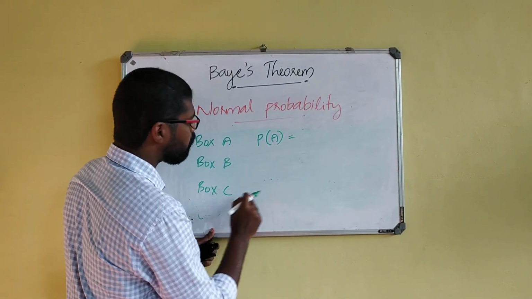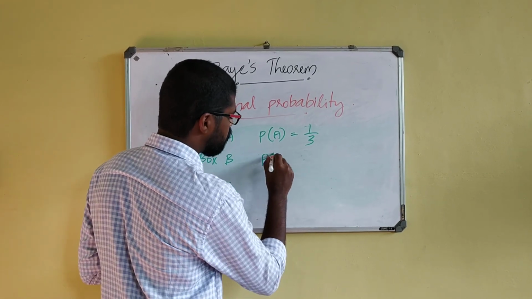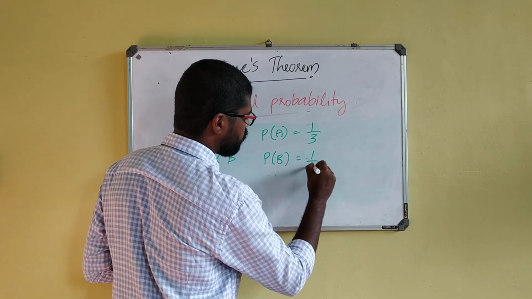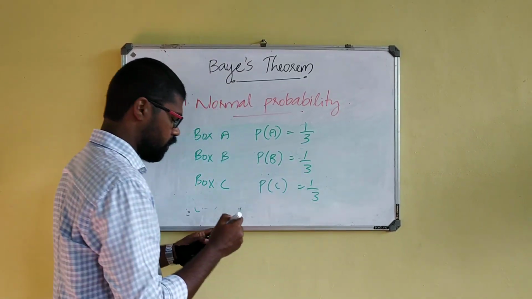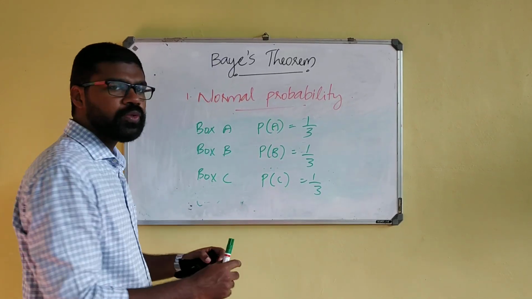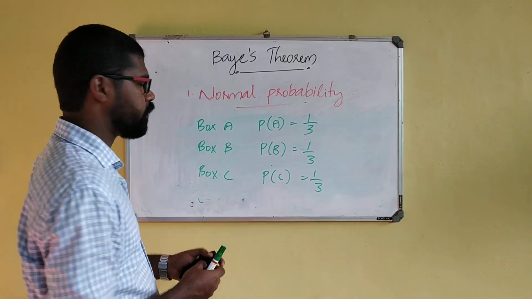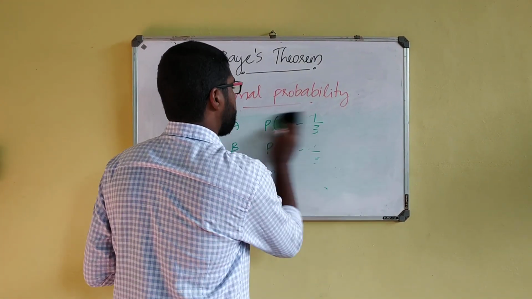Since we have three boxes, it will be 1 by 3. Likewise, probability of B will be 1 by 3 and probability of C will be 1 by 3. When you add these probabilities together, you will get 1. That is, the total value of probability will be 1.